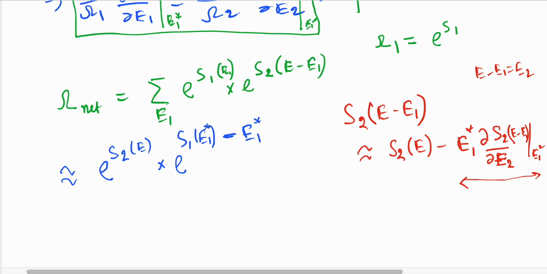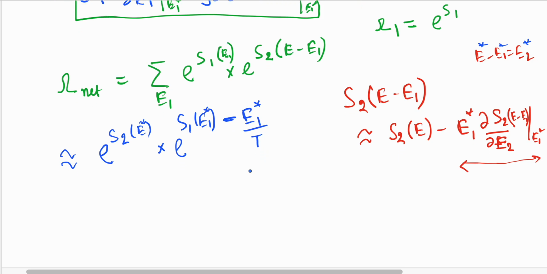E2 star is nothing but E star minus E1 star, and by this quantity we know that this is temperature.